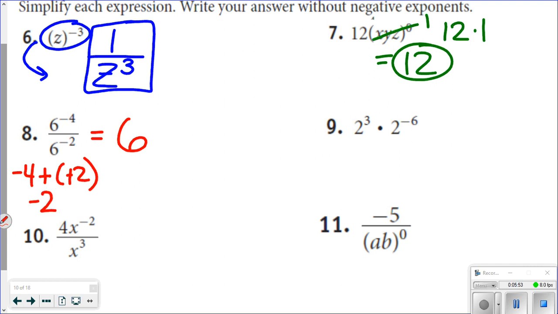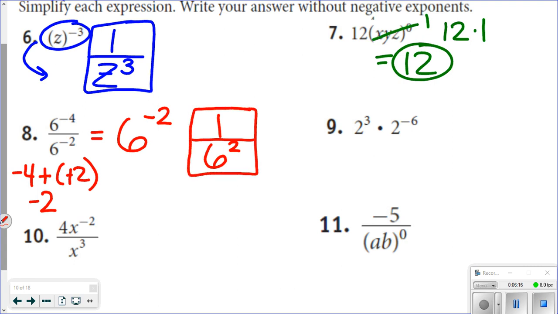So this is 6 with the exponent of negative 2. And we cannot have negatives, so now we need to clean up this question. So just like number 6, we're going to take this and move it to the denominator, the bottom or the basement. And then I need a placeholder in my numerator, so I'm going to put a 1. And again, use your graphic organizer to help you.